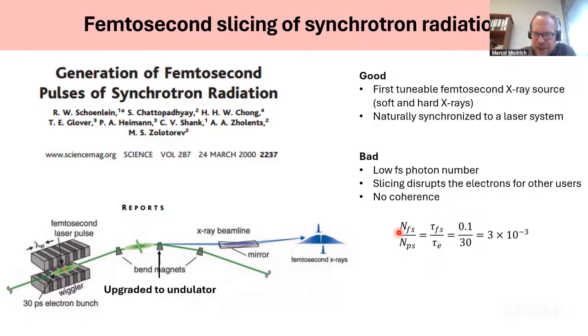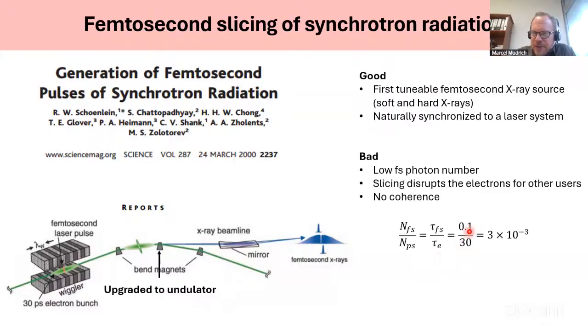Here's just a brief estimate of the ratio of photon numbers that we might expect. The number of photons in the femtosecond pulse divided by the number of photons in the total picosecond pulse from the whole electron bunch is given just by the ratio of the pulse durations.